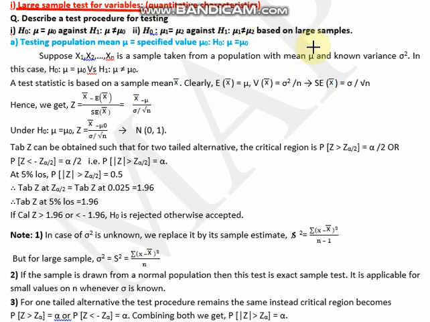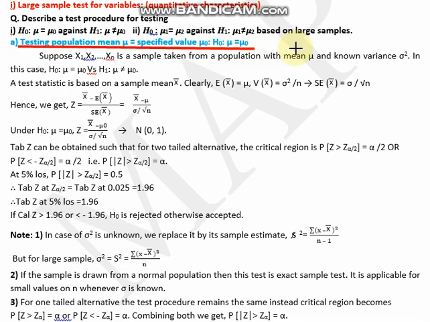And you know that variables are nothing but those which have a quantitative characteristic. And whenever we are doing the procedure of large sample test for variables, there exists a test which is called large sample test for mean, in which we are interested in knowing whether the population mean takes a specified value of mu naught.